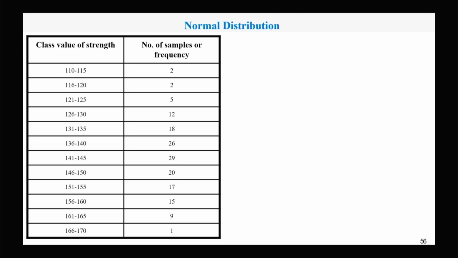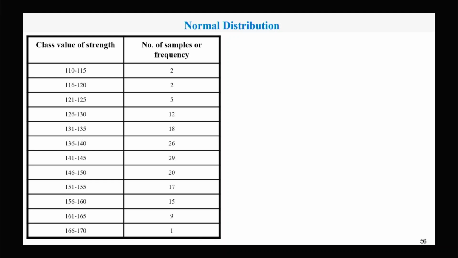So here we assume that the variation takes place in random fashion without any biasness. That's our basic assumption. So the distribution is assumed to be in normal distribution.